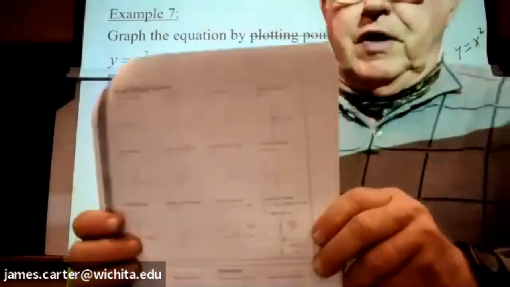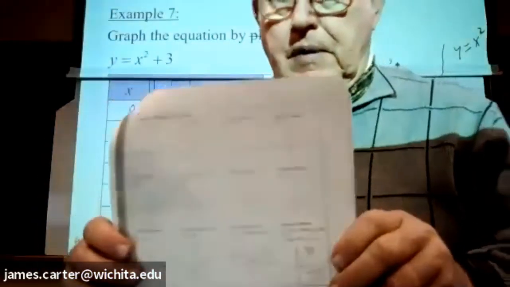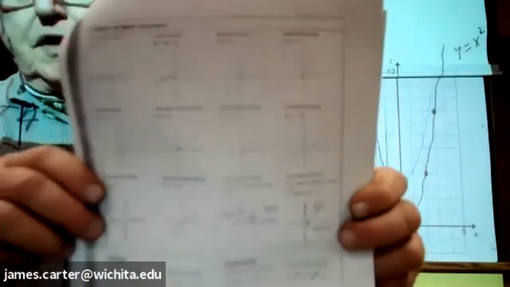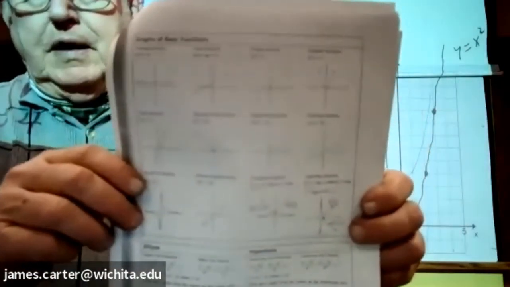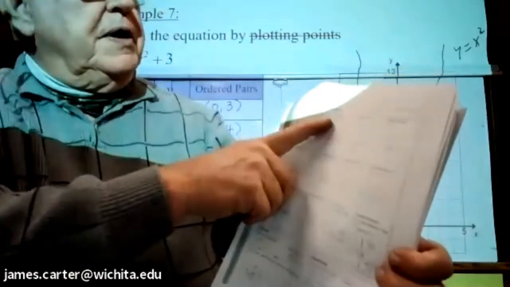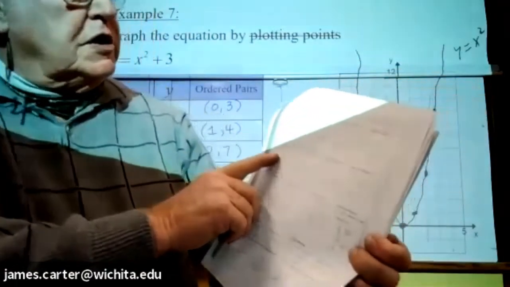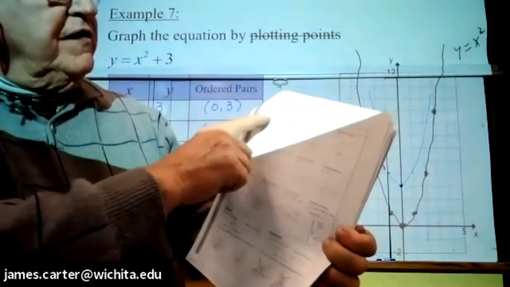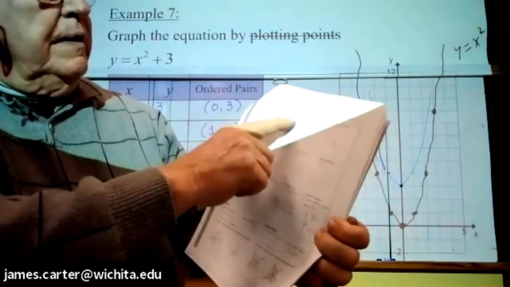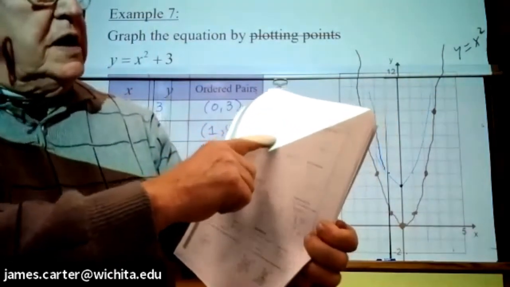And it's this sheet right here. Hopefully you can see what that sheet is. Okay, it says up here, graphs of basic functions. Shows you a line graph in the basic equation y equals mx plus b.